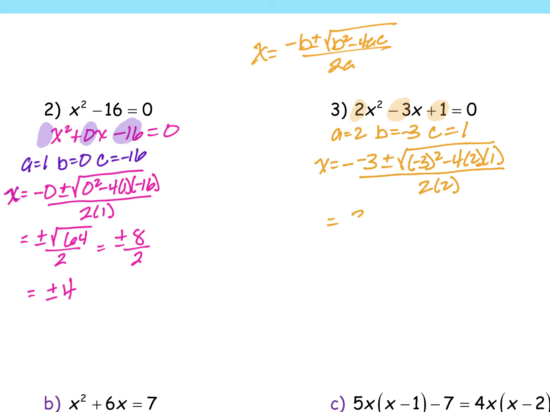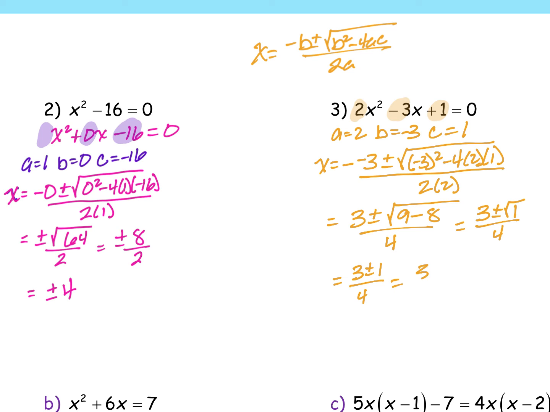So that's going to be 3 plus or minus the square root of 9 minus 8, all divided by 4, which is going to be 3 plus or minus the square root of 1 divided by 4. And that's going to give me 3 plus or minus 1 divided by 4.